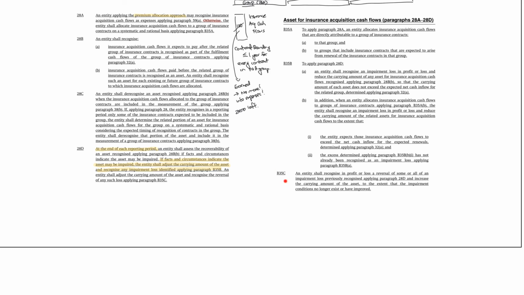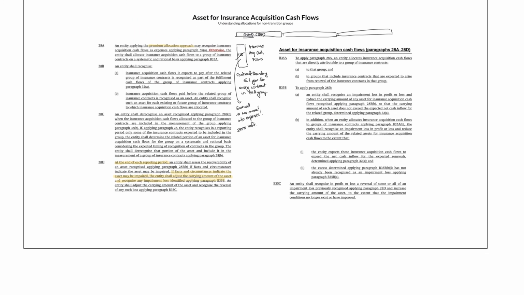So we're not going to go through B35C. It just basically means if you thought it was impaired and it's no longer impaired, then you can reverse some of this. But the main part of this video is to demonstrate that insurance acquisition cash flows need to be allocated, and providing a simple example of what this means in order to allocate these insurance acquisition cash flows, and some of the potential issues that are right now being discussed in the industry, which is the issue relating to 28A.